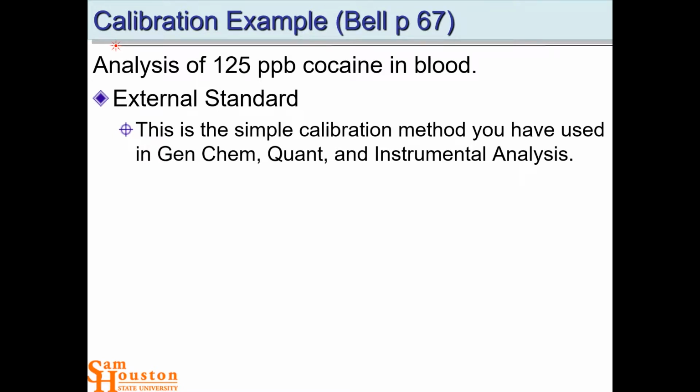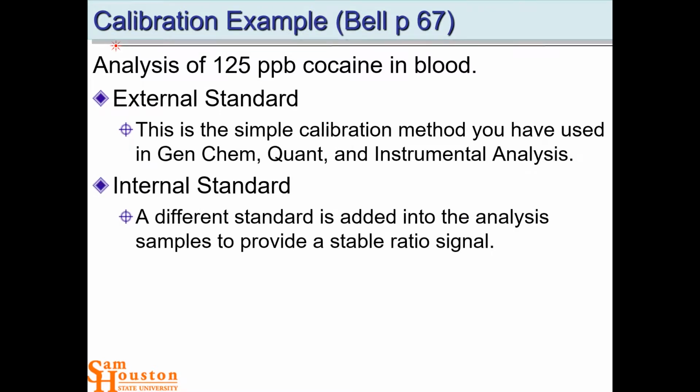We've taken our instrument and we've made standards of cocaine, small amounts and large amounts, made an external calibration curve, and then we take our 125 parts per billion cocaine in blood and analyze it against that calibration. So this is the traditional calibration that you're thinking of. You make your standards up, get the signal, then put in the unknown, and you get a result.